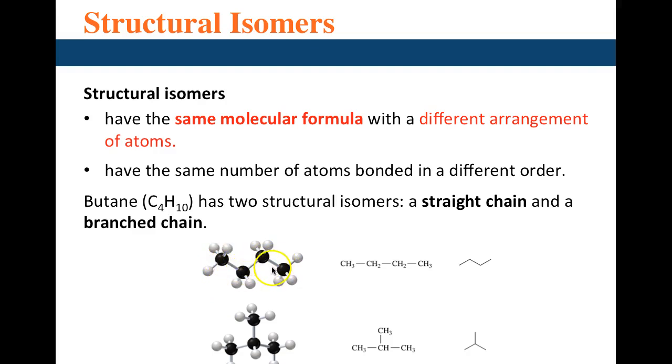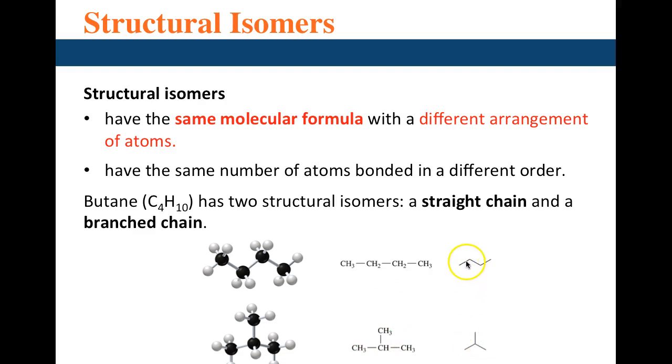This is 1, 2, 3, 4, so butane. But then you have a continuous chain of carbons like here, propane, but then you have a substituent or a branch coming off the middle carbon. You'll represent it this way in the condensed structural formula, and the line formula looks like this.